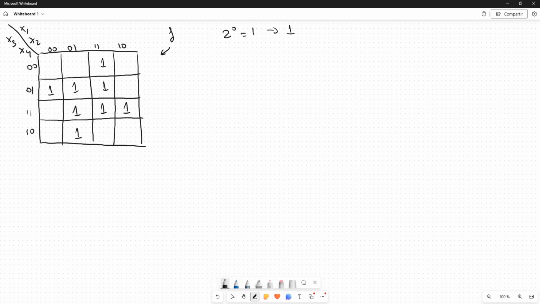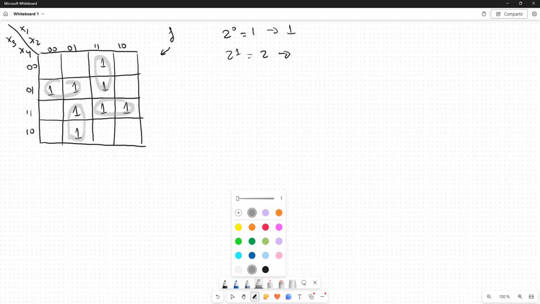8 of this kind. We can look for those formed by 2 cells. In this case, we have 1, 2, 3, 4, 5, 6, 7, and 8. Another 8.